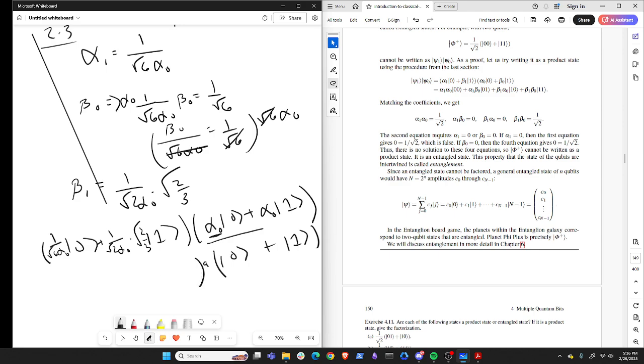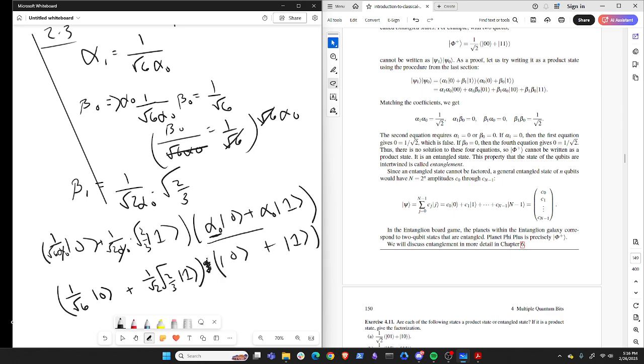So we pull it out of the right, we distribute it into the left, and this cancels out all the alpha sub 0s in these denominators. And so we're left with 1 over square root of 6 |0⟩ plus 1 over square root of 2 square root of 2/3 |1⟩. I'm sure there's a way to simplify that, but this is our factored product states.